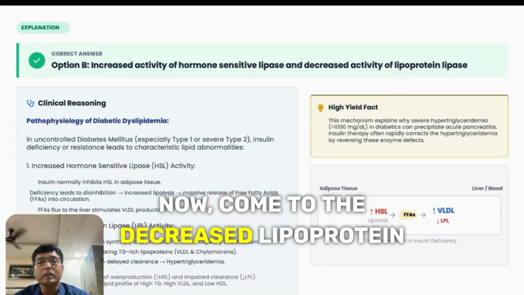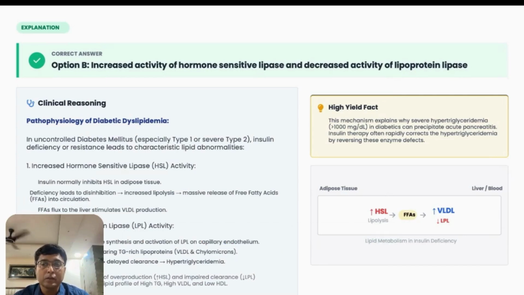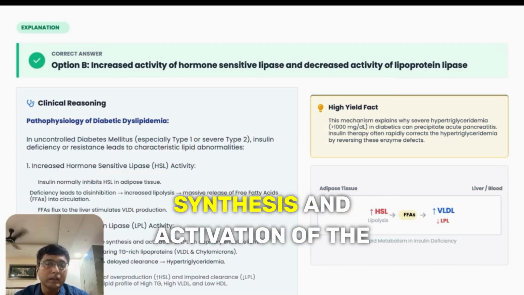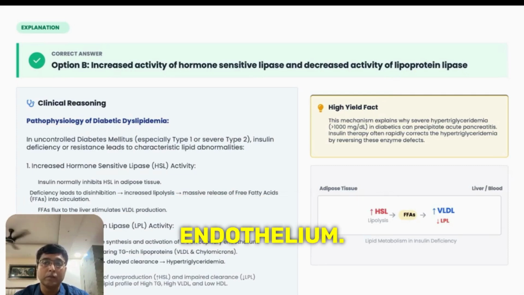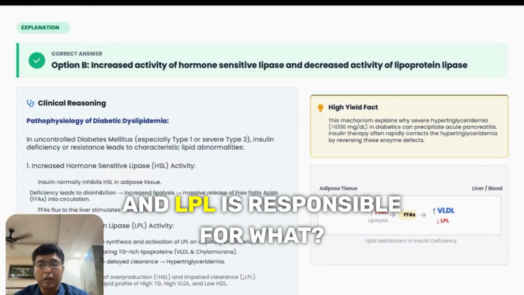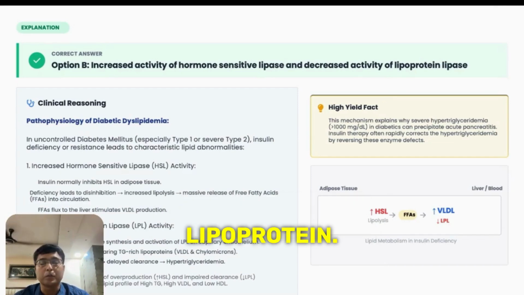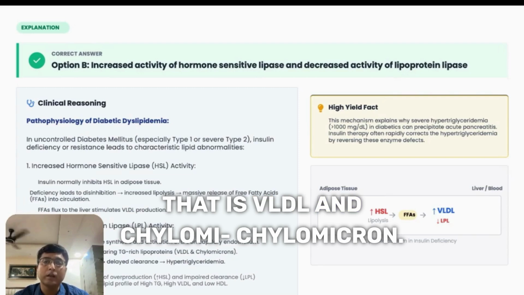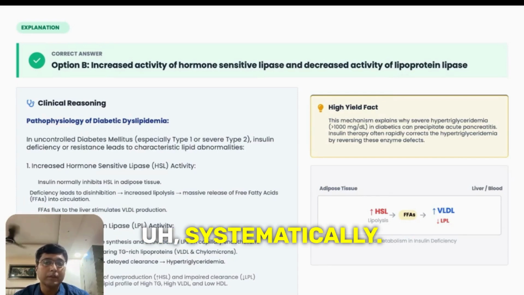Now come to the decreased lipoprotein lipase or LPL activity. Insulin is required for the synthesis and activation of the lipoprotein lipase on capillary endothelium, and LPL is responsible for clearing the triglyceride rich lipoproteins, that is VLDL and chylomicron. So think systematically.